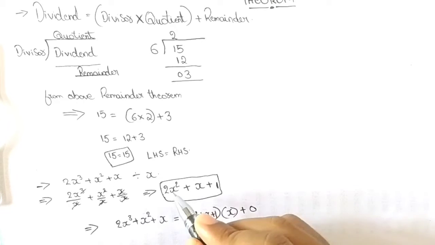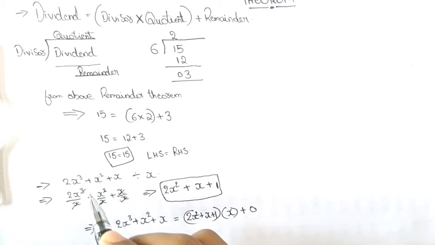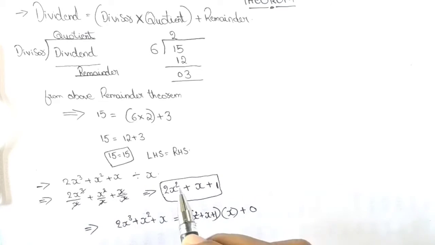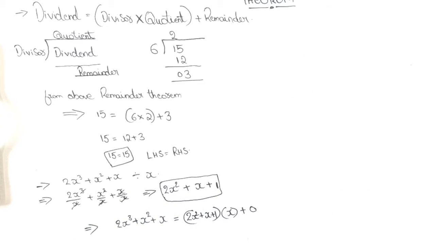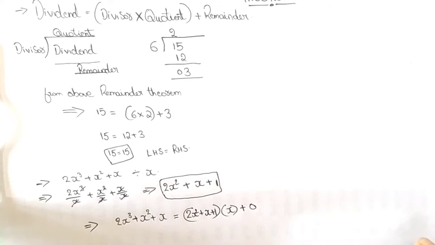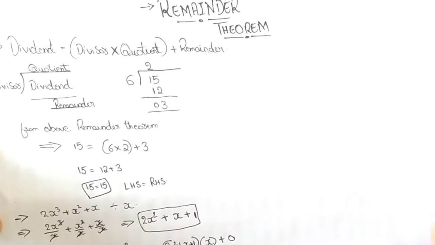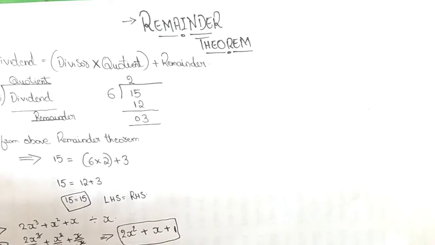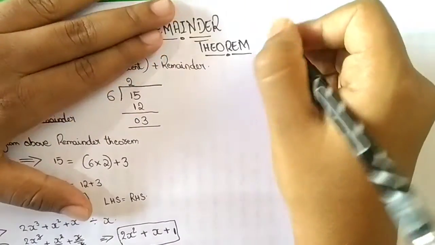Because we can multiply all the terms here to get this, or we can divide all the terms with x, we will get this. So the remainder is 0. This is based on this equation, the remainder is 0, and the important thing here is, let me write here itself. Please take this as an important note.